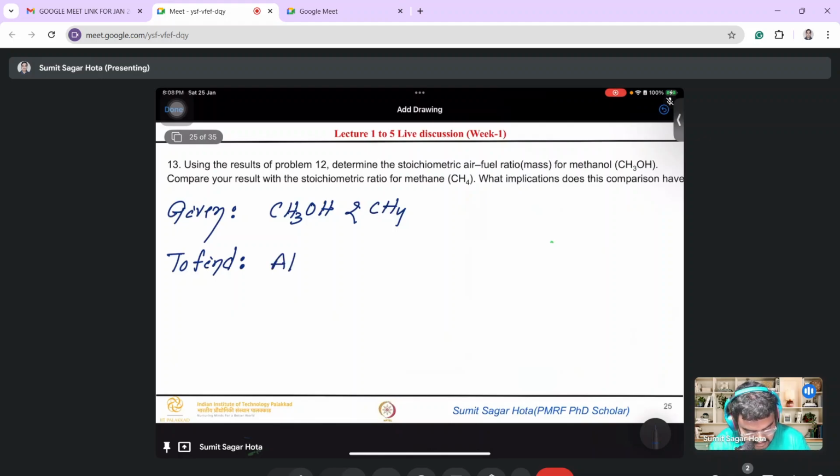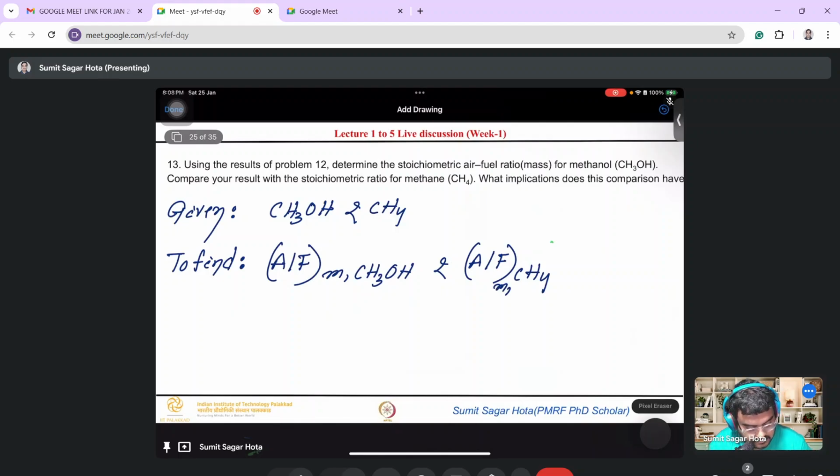So air fuel ratio, and CH4, right? So these things we need to calculate.